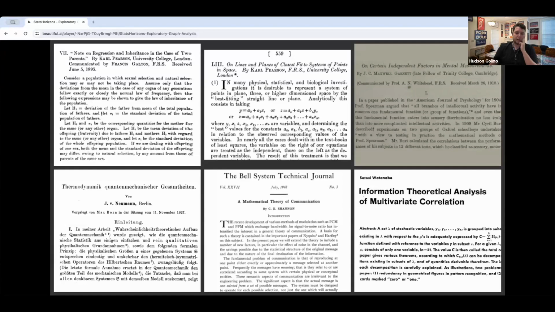We have the search for a structure or structural organization in quantum mechanics. We have lots of interesting stuff developed in the field of information theory, and also in the intersection of information theory with statistics.